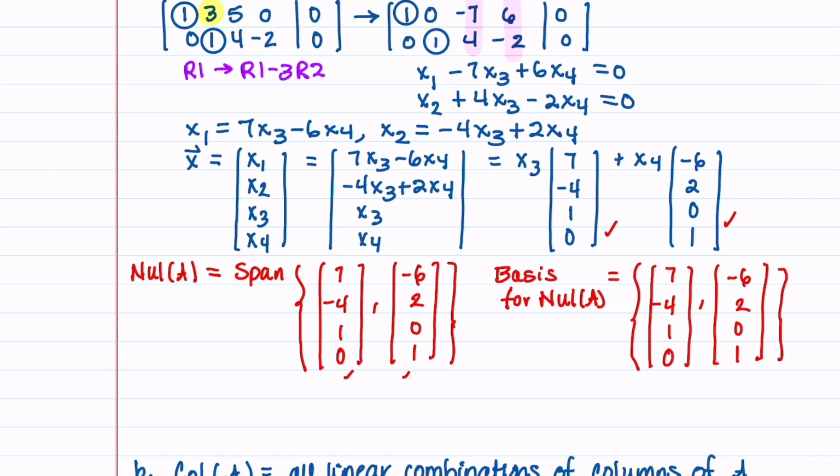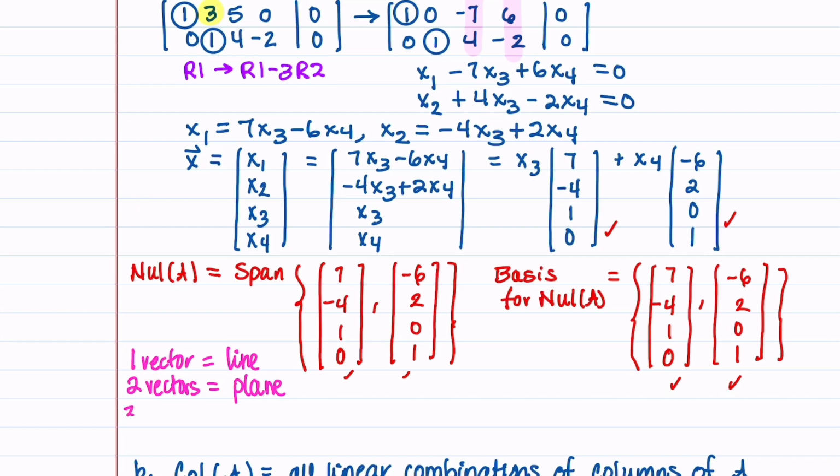Now the last part we have to do is the geometric description of our null space. So notice in the basis for our null space, we have two vectors, and they are both vectors in R4. When we have one vector, our geometric description is a line. When we have two vectors, our geometric description is going to be a plane.